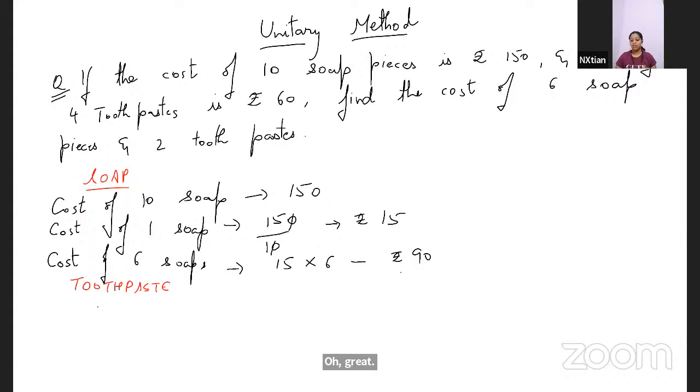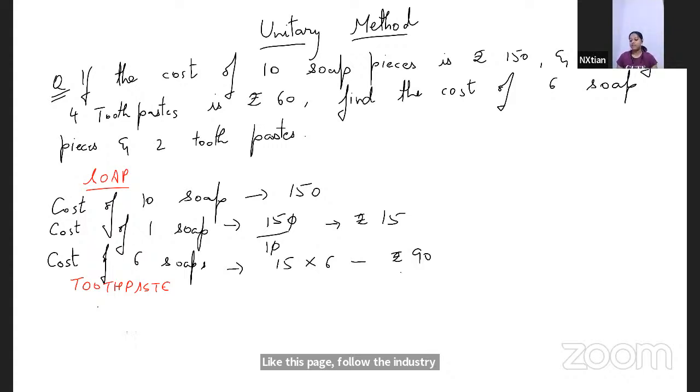Now, unitary method, I just explained that it's a method in which you have to find out the value of 1 unit first, of a single commodity, and then you multiply it with the required number of units to find out its value. Like this, we follow the unitary method.